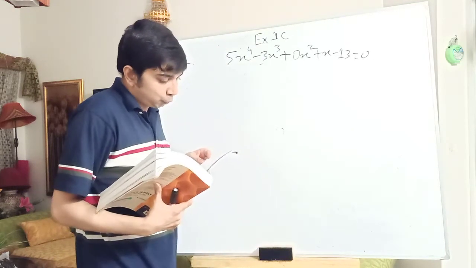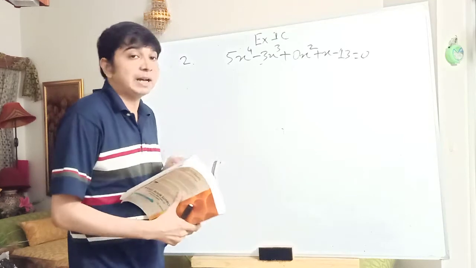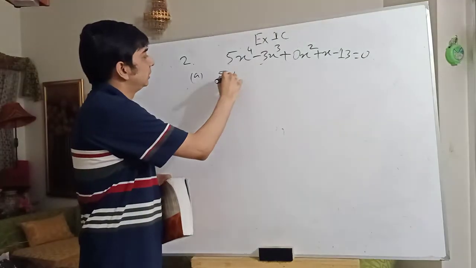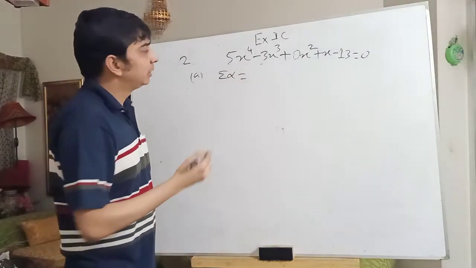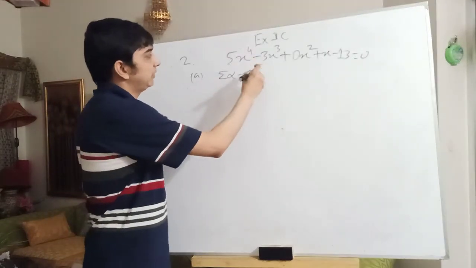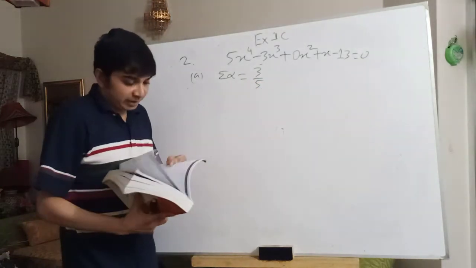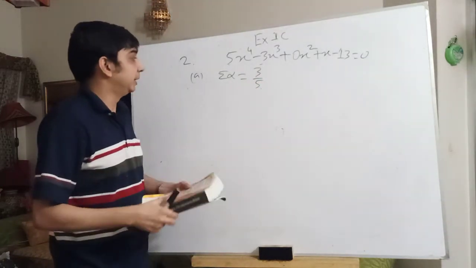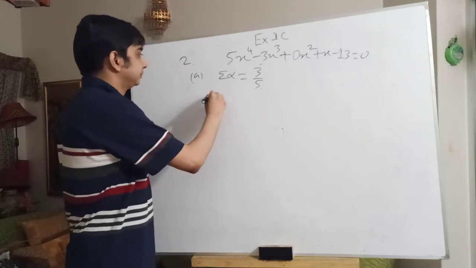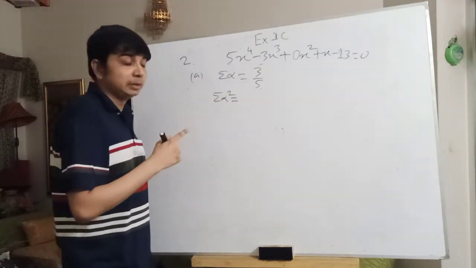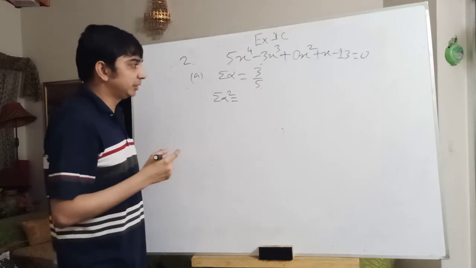So 2a, first you have to find summation of alpha. Summation of alpha you have already done, minus 3 by 5, so this is going to be 3 by 5. Then you have to find summation alpha square. This is basically alpha square plus beta square plus gamma square plus delta square.